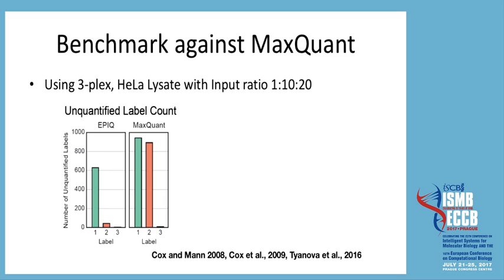To check if this is really the case, we first counted the number of unquantified labels per label. While EPIQ has unquantified ones mostly for label 1, the least abundant one, MaxQuant has many unquantified ones even for label 2. Also, as we know the input ratio, the unquantified label quantities can be estimated by using other quantified labels' input ratio.